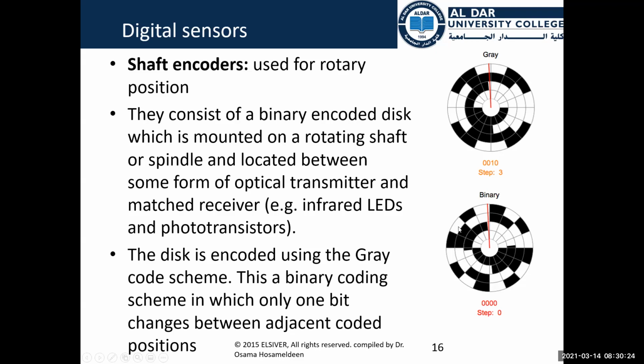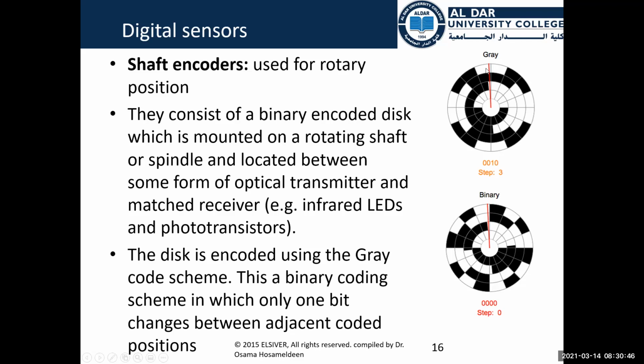When the light sees a white place, the light passes from the LED to the phototransistor. When there is a blank or black place, the light cannot pass.